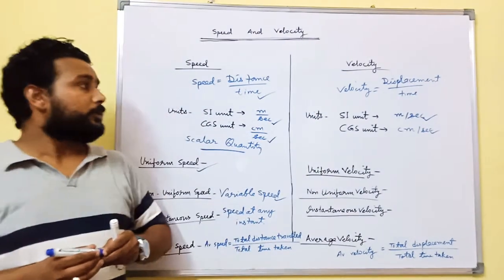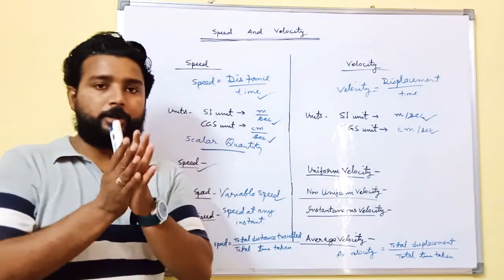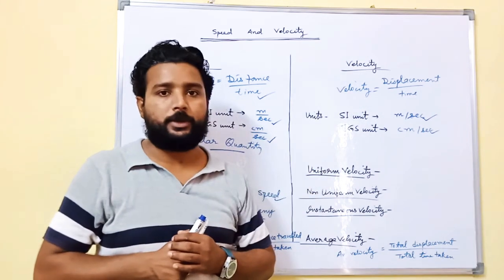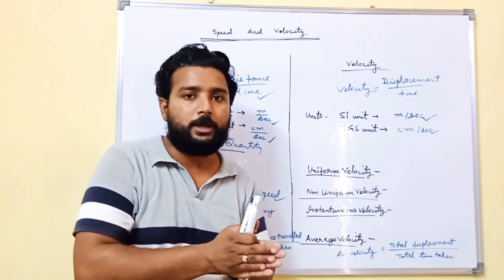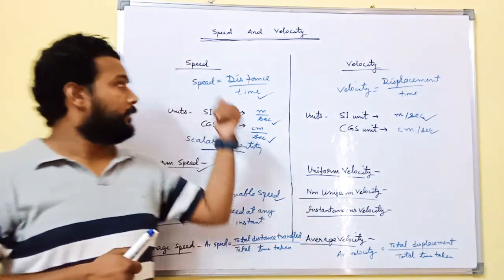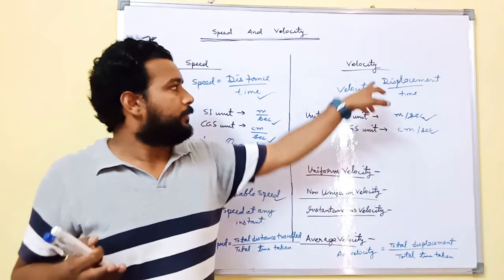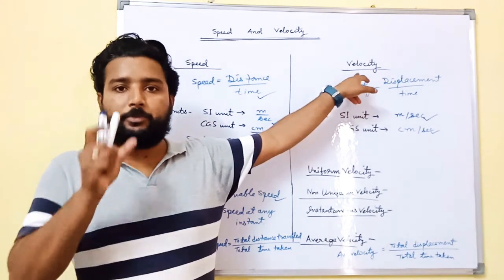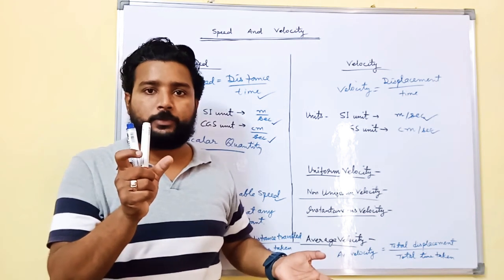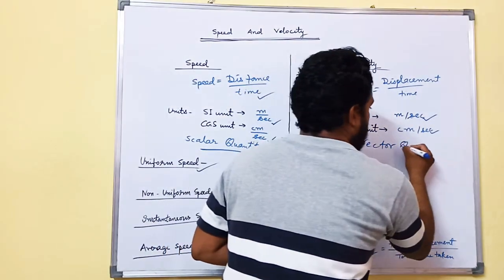Now students, if anybody moves with some speed in a particular direction, then the speed of the body is said to be velocity. If we say a body is moving in a particular direction, then its speed is actually velocity. But in speed, the body is moving and we have no information about direction. So in case of velocity we have information about magnitude, meaning how much the speed is, and also direction. So velocity is a vector quantity.